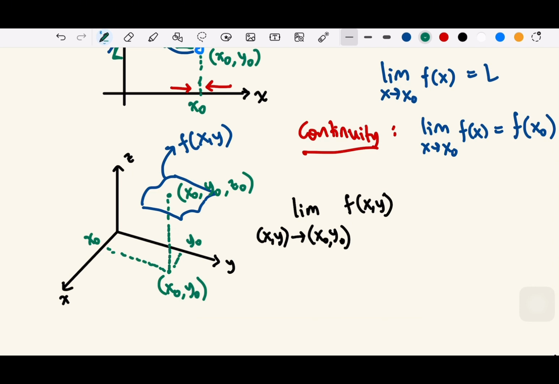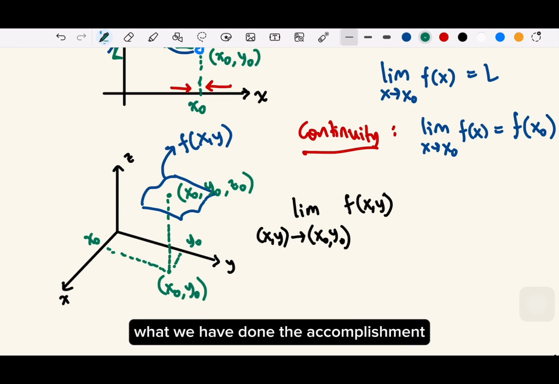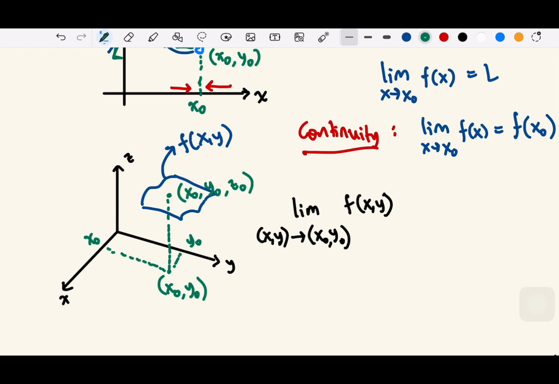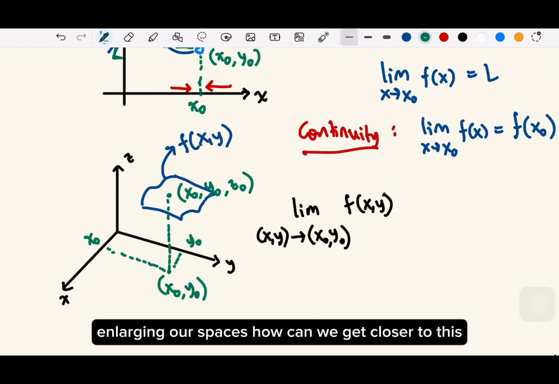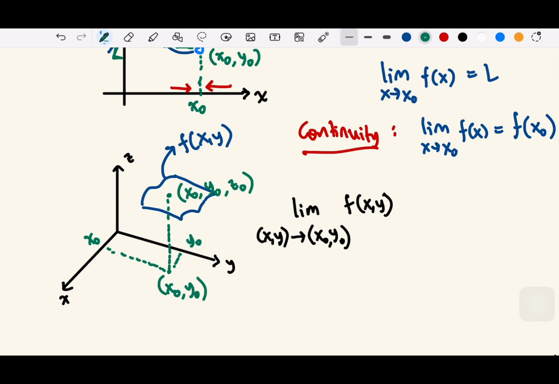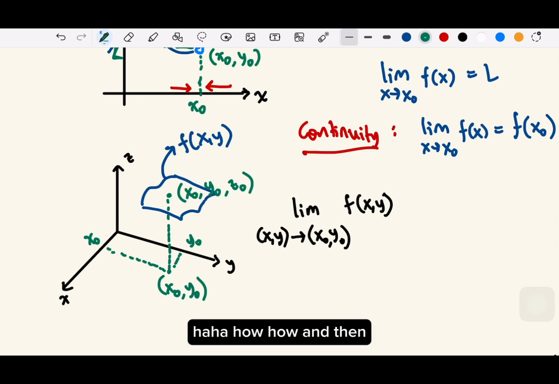If we see from the top, what we have done in calculus 1, we can approach x0 from the right or from the left, because we only have those two options. And now we are enlarging our space. How can we get closer to this? Any idea?